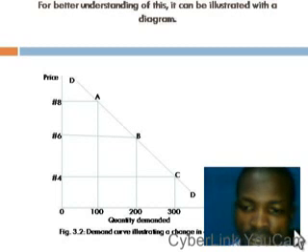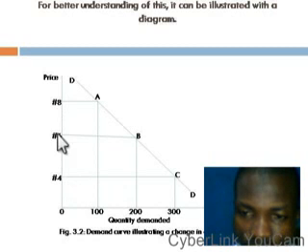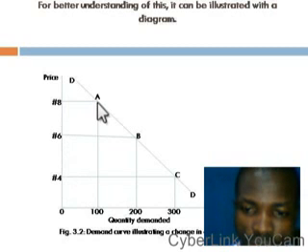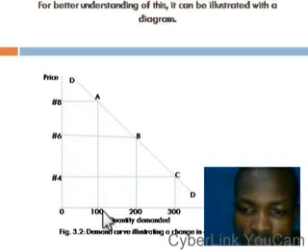By the time the price increased from 4 naira to 6 naira, the quantity demanded decreased from 300 units to 200 units. When the price increased from 6 naira to 8 naira, the quantity demanded reduced from 200 units to 100 units, testifying to the laws of demand, which says the higher the price, ceteris paribus, the lower the quantity demanded, and vice versa.